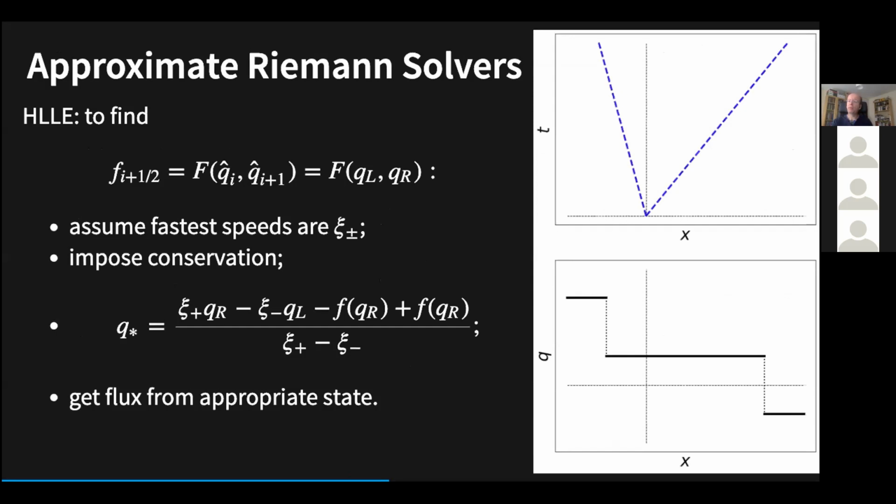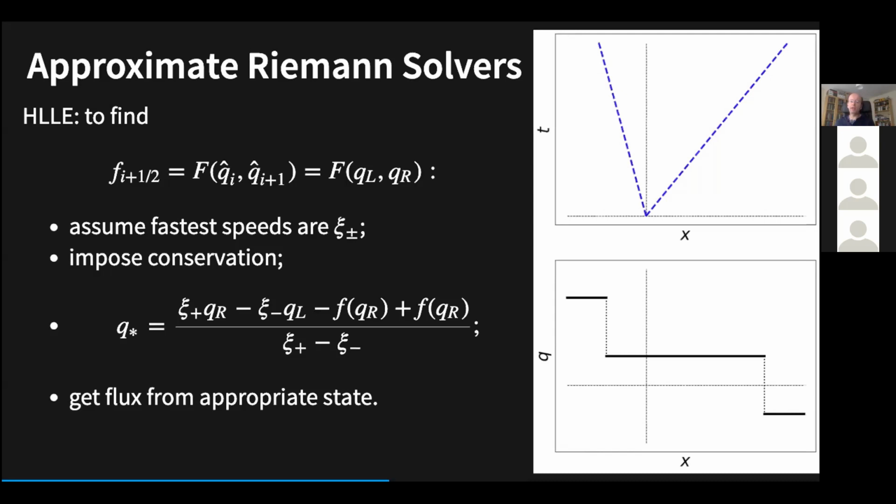The simplest approximation that has useful outcomes is linked to the names Harten, Lax, Van Leer, and Einfeldt, abbreviated to HLLE. It finds the intercell flux based on the values to the left and right of that interface, QL and QR. In Godunov's method, those are the cell integral averages.